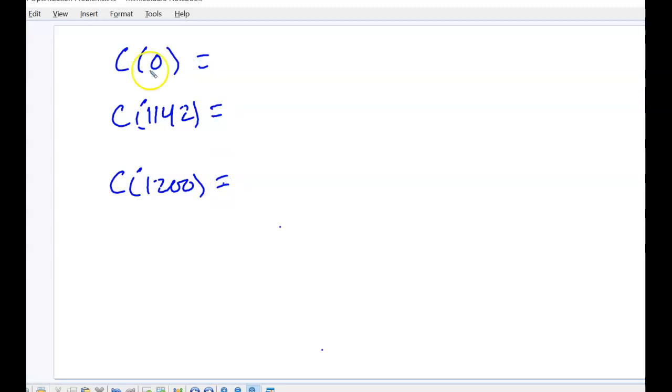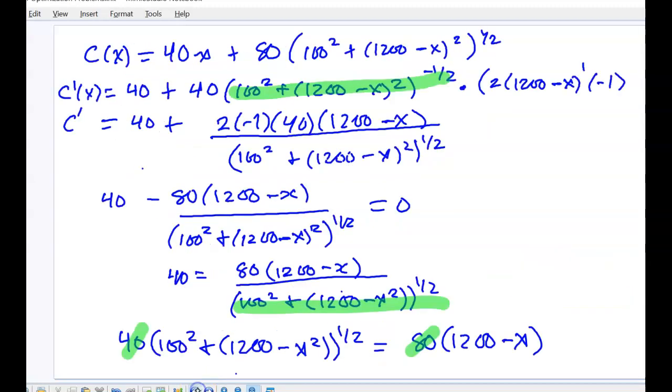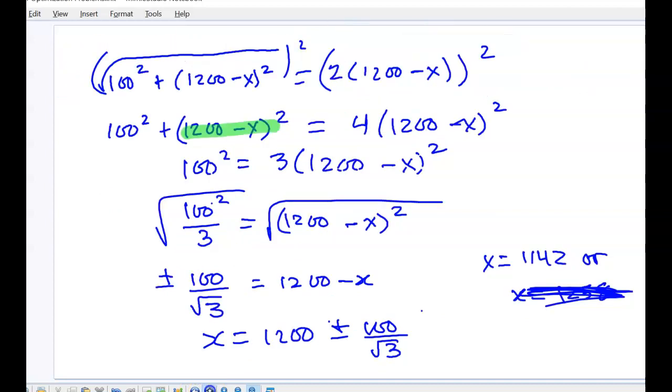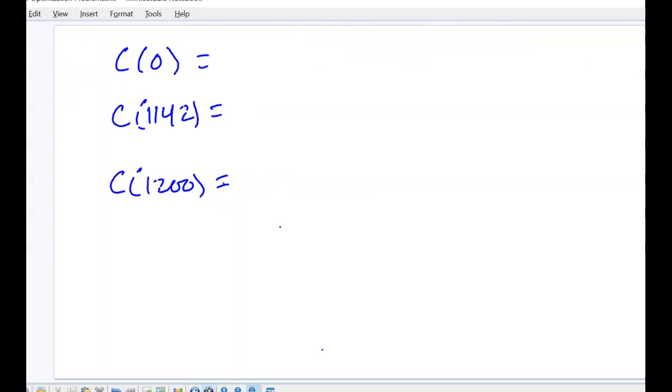Now if I plug these values back into my cost function, which was right here, and you work them out, and I'll let you do the math on your own, but if I plug a 0 in, you end up getting $96,333 to put the cable in.